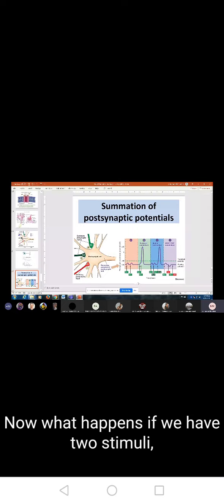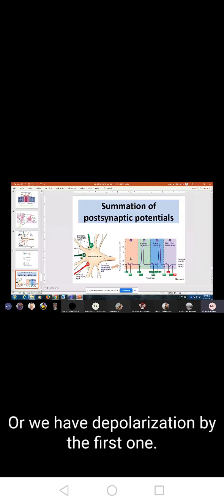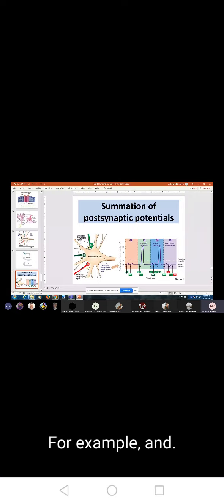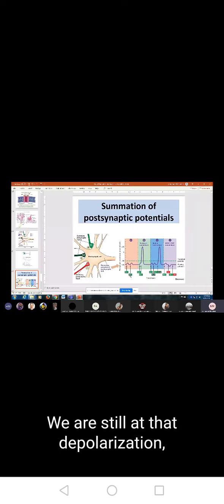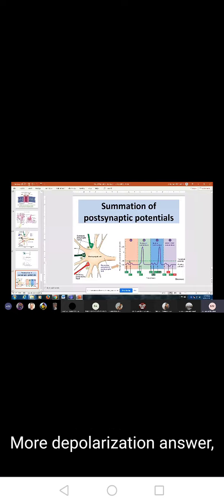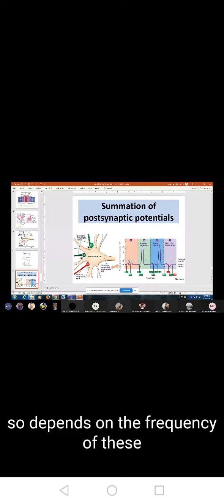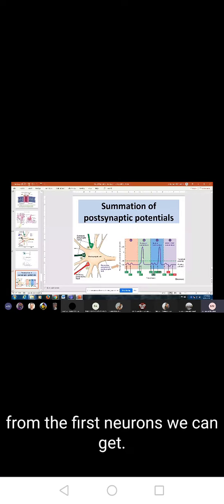What happens if we have two stimuli, one after another, and we still have depolarization from the first one when the second one comes? We are still at that depolarization, so you are getting more depolarization, and so on. So depending on the frequency of the action potentials coming from the first neurons, we can get a summation process.